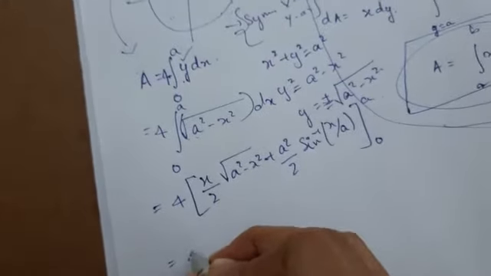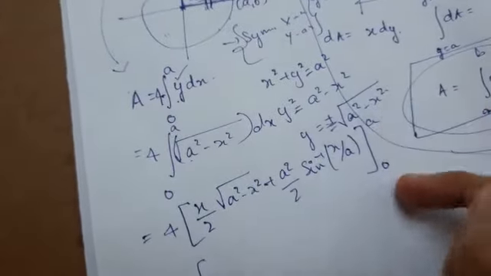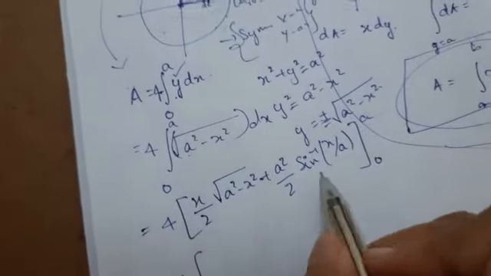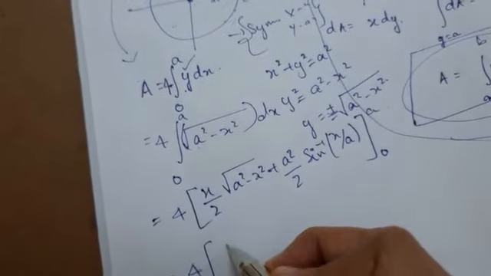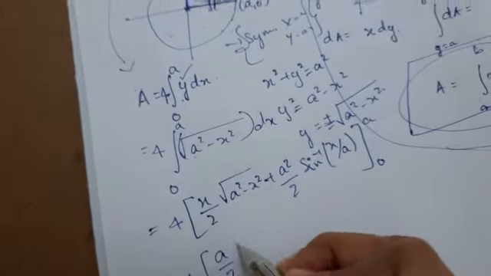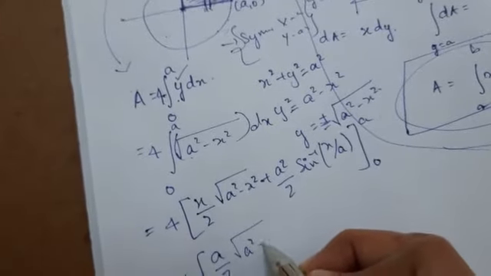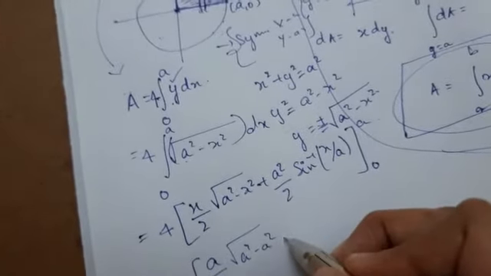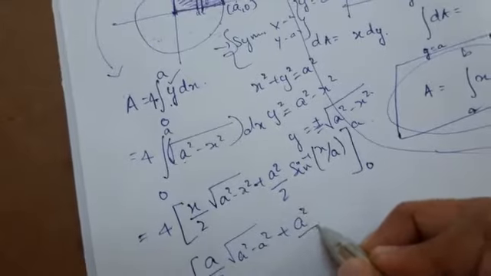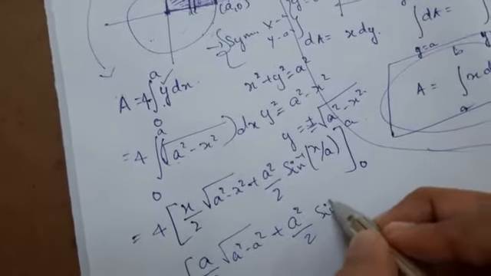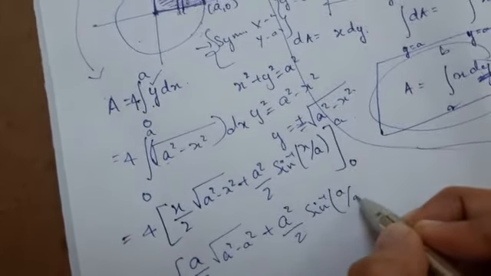Now applying the upper limiting value as well as the lower limiting value, it is nothing but a by 2 square root of a square minus a square. This term is going to become 0. Here again a square by 2 sine inverse of a by a.